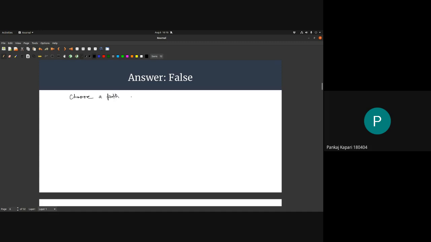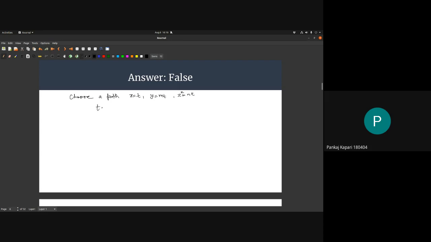How am I defining this path? Let's say x equal to t, y equal to mt, and z square equal to nt. So this is some curve, some path in R3, and we'll approach our origin through this path, right?